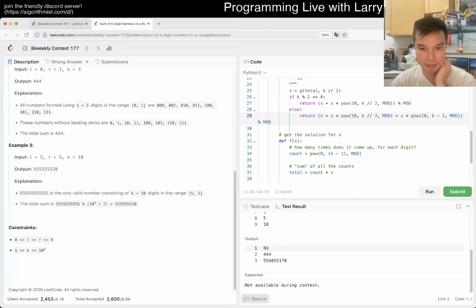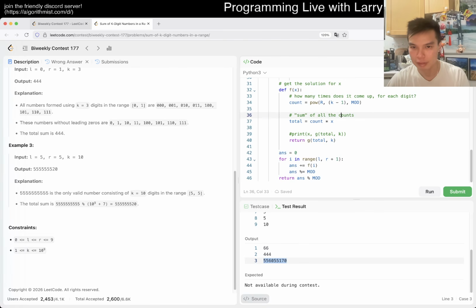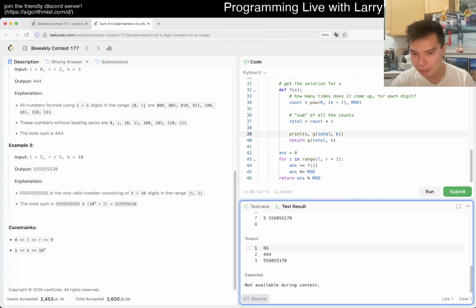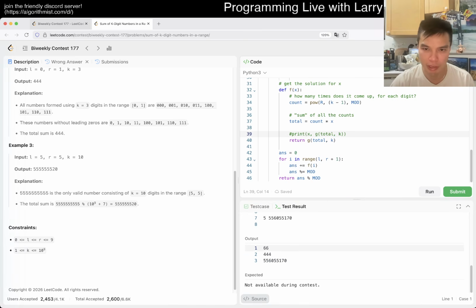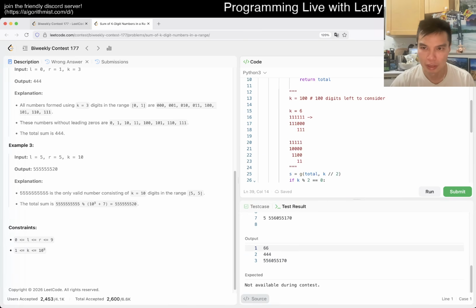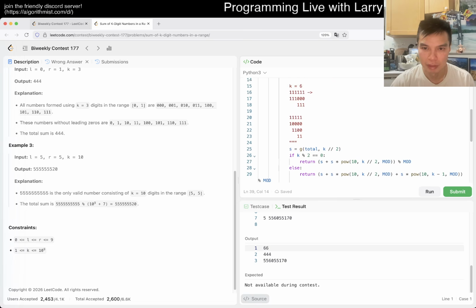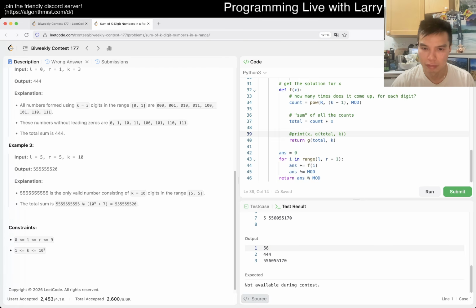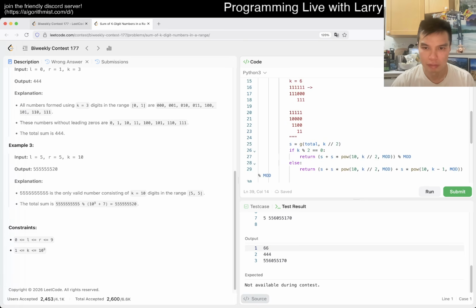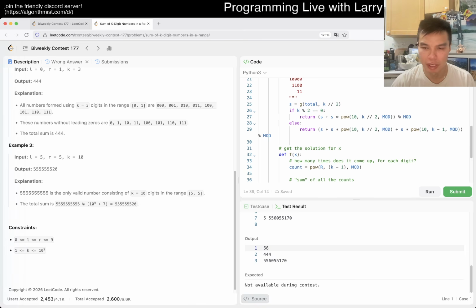Huh. Where did I get this from? But okay, let's double check. I think the idea is probably mostly right, but definitely a lot of potential mistakes. How many times does it come up for each digit? So k minus 1. Is this part wrong?